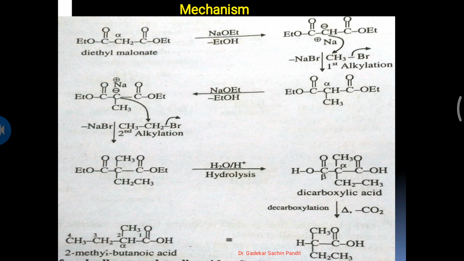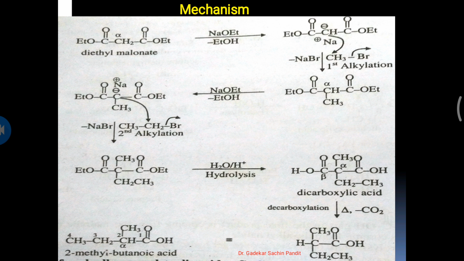So this is the mechanism of formation of 2-methyl butanoic acid. Okay, first diethyl malonate reacts with sodium ethoxide, and then this anion reacts with methyl bromide to form the first alkylation.